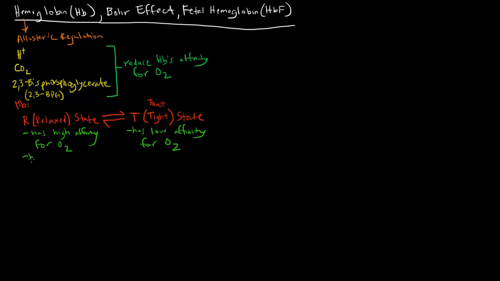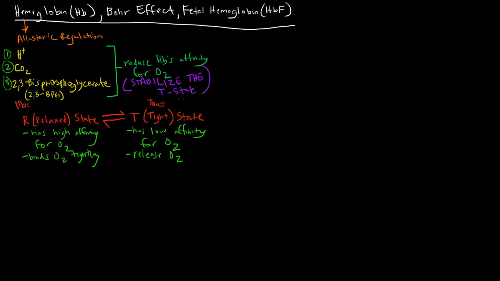So if the protons, carbon dioxide, and 2,3-BPG are all reducing hemoglobin's affinity for oxygen, what they're doing is stabilizing the T state of hemoglobin.